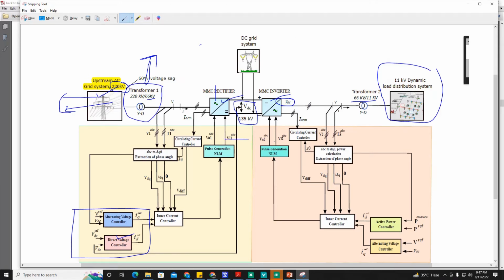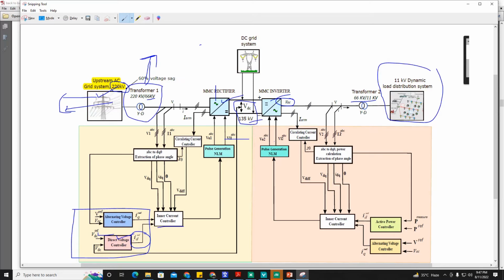This 135 kilovolt reference voltage will be given over here, and this is responsible to maintain the desired DC link. The output of this outer loop VDC voltage controller is ID ref, and this reference signal goes to the inner current control.